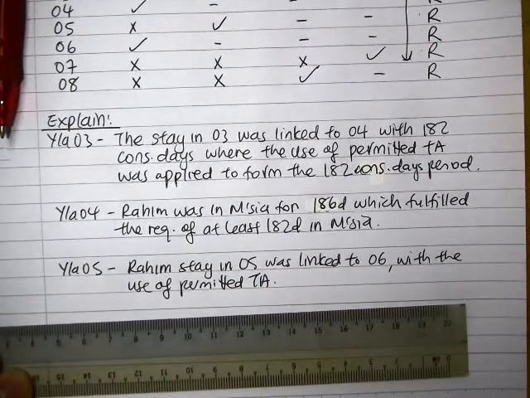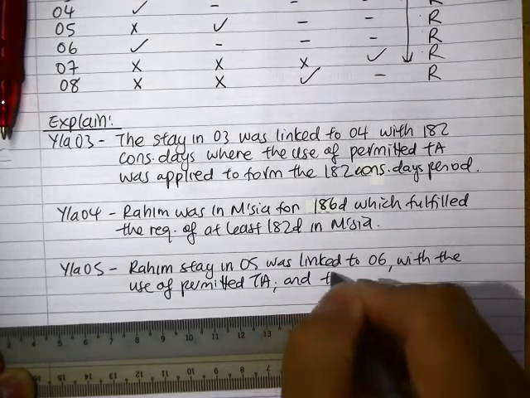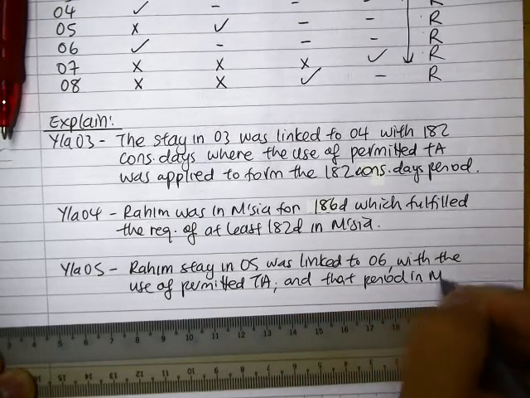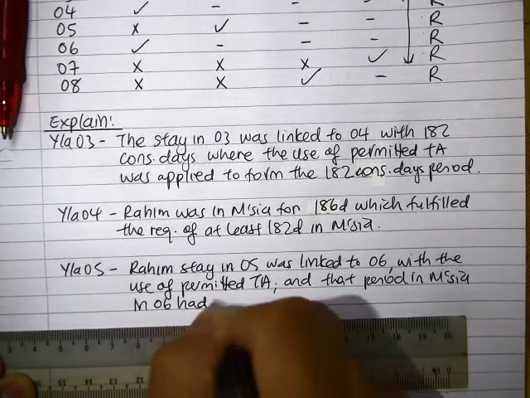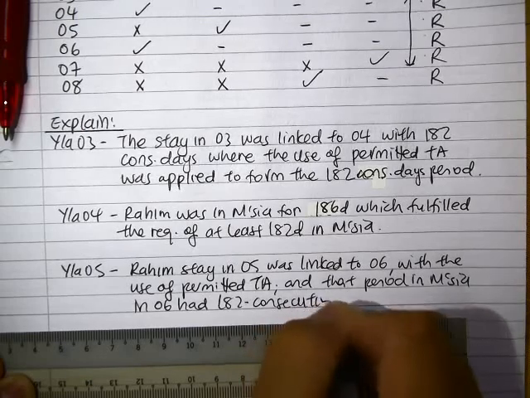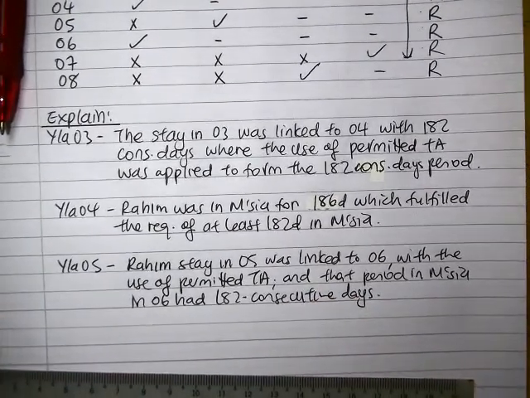The link itself is with the use of permitted temporary absent, and that the period in Malaysia in 06 had 182 consecutive days.